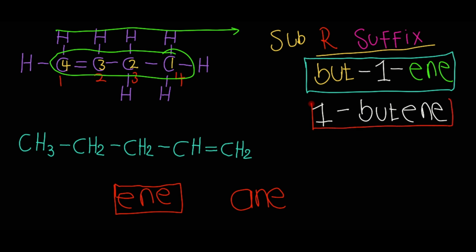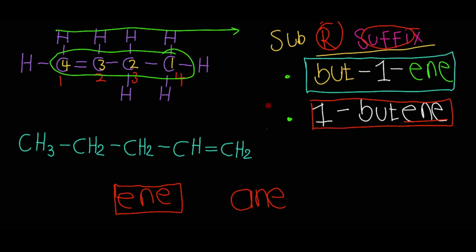Here they are telling us that our double bond is in carbon number 1, this is the root, how many carbons, and this suffix is the ending name, which is ene, so we say 1-butene. I want you to know both ways, because in the exam you don't know which name they will give you, they can present it this way or this way, and you will draw a compound. So you must know all of them.